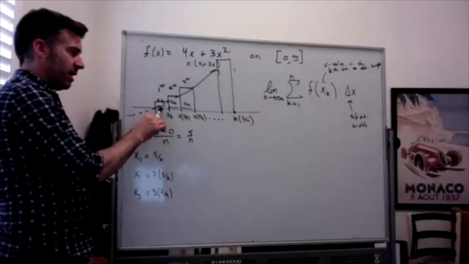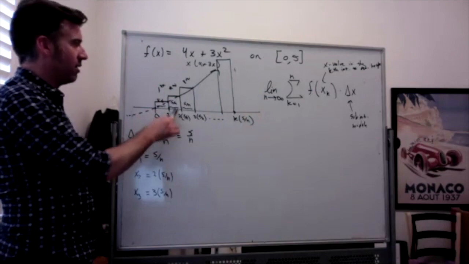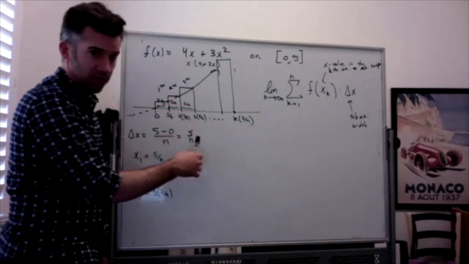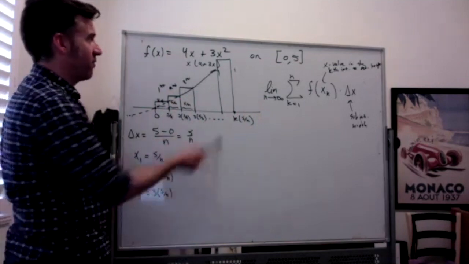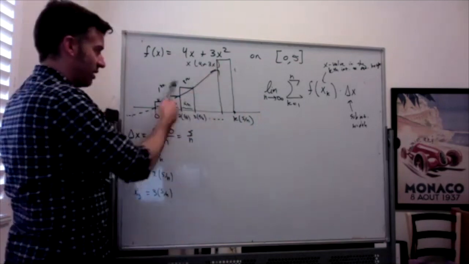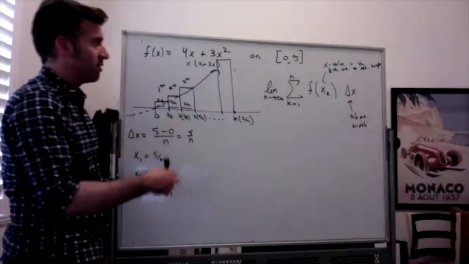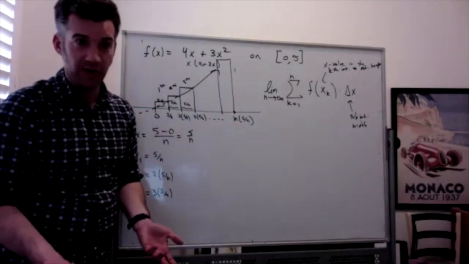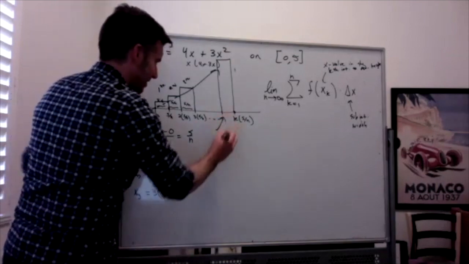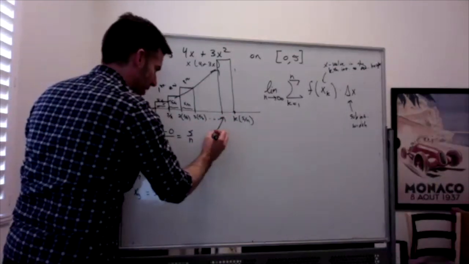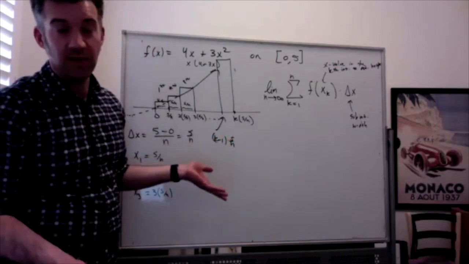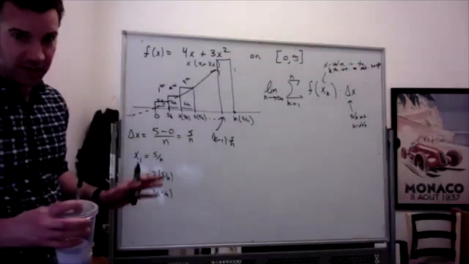The first one, the right endpoint is 1 times 5 over n. The second one, 2 times 5 over n. The third one, 3 times 5 over n. So we see the pattern. For the kth one, the right endpoint is k times 5 over n. And if you hated yourself and wanted to use left endpoints, the left endpoint would be k minus 1 times 5 over n. Don't use left endpoints unless you have to.